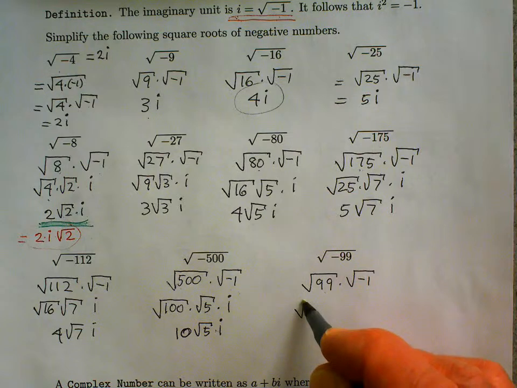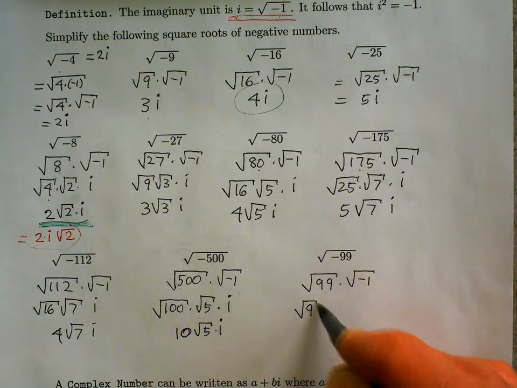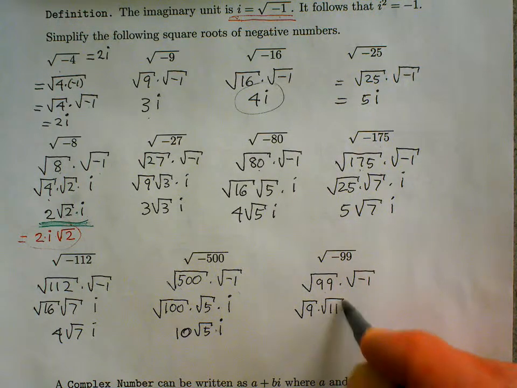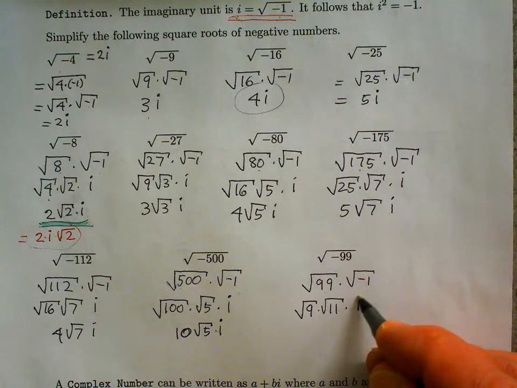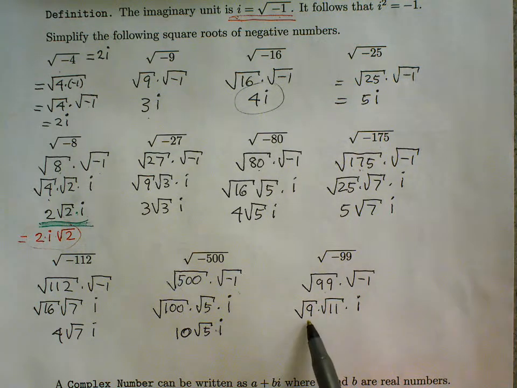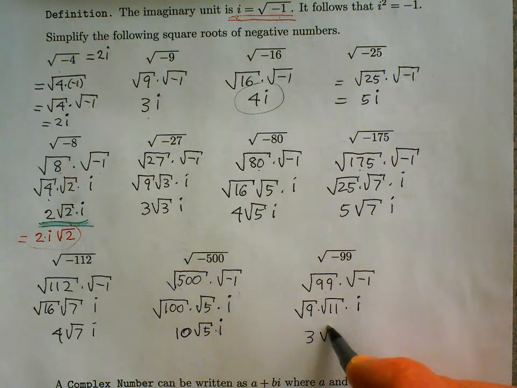So this is the square root of 9 times the square root of 11, and then replace the square root of negative 1 with i. And then the last step, the square root of 9 is 3, so we get 3 times the square root of 11 times i.